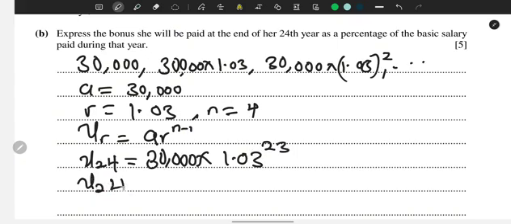So 1.03 raised to the power of 23 times 30,000 will give us 59,207.60. So the woman's salary at the end of the 24th year will be 59,207 naira. Okay, so that's for the salary.